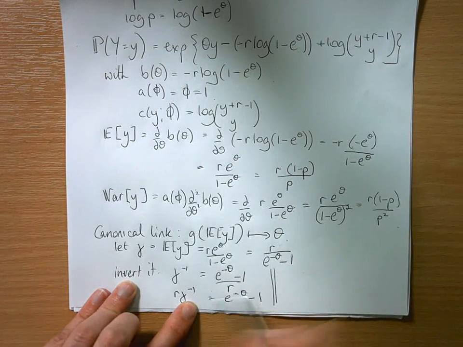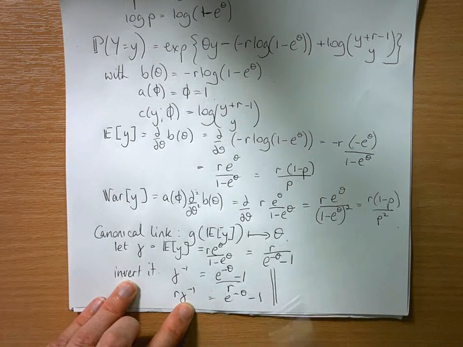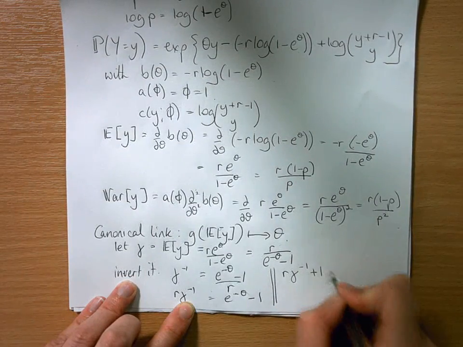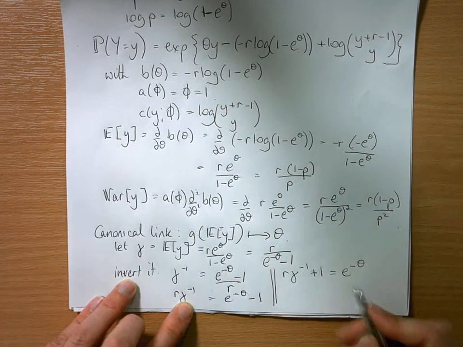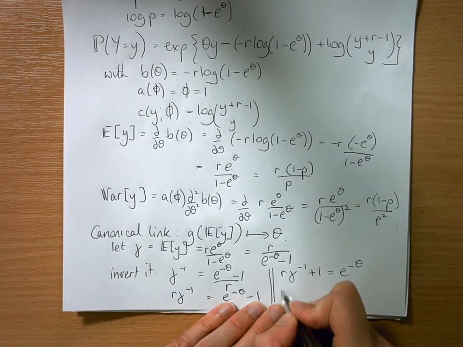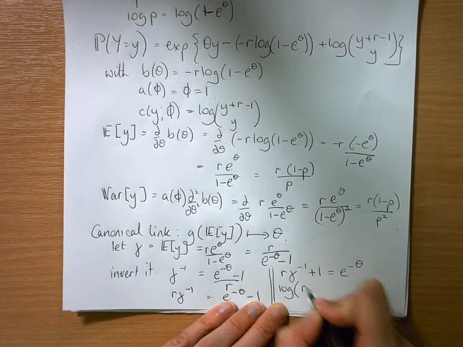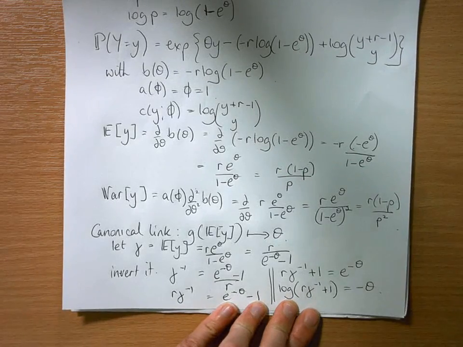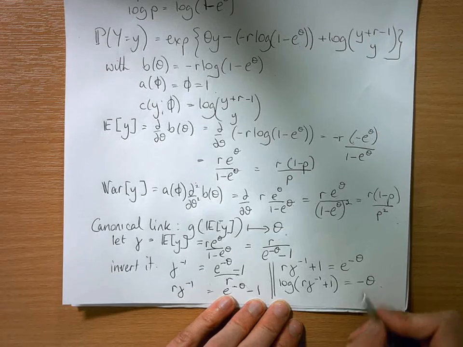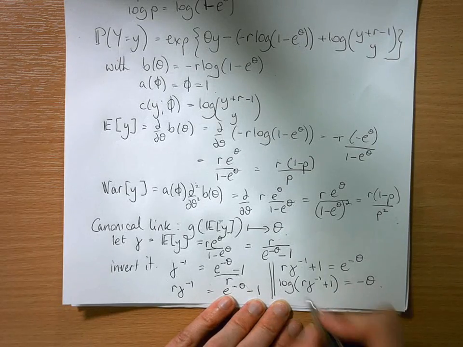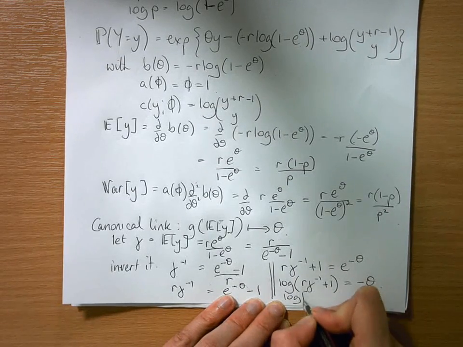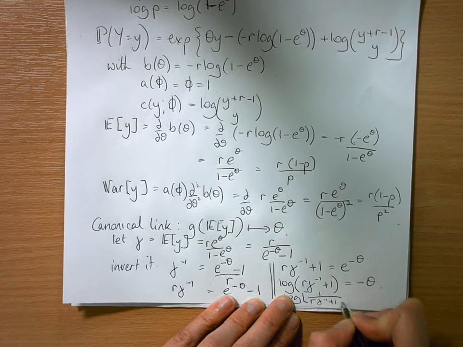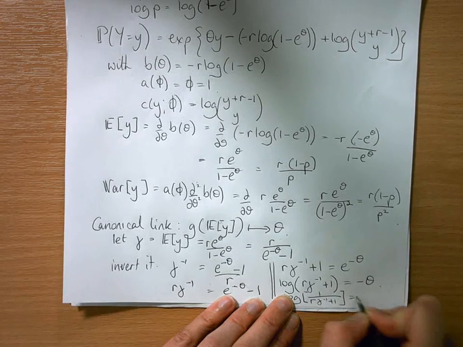Our next stage is we need to get rid of this minus 1. So r gamma inverse plus 1 is equal to e to the minus theta. We take the natural log, so log of (r gamma to the minus 1 plus 1) is equal to minus theta, and then we negate both sides, so log of 1 over (r gamma to the minus 1 plus 1) is equal to theta.